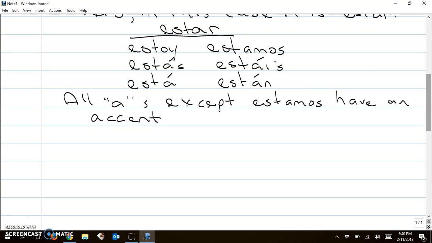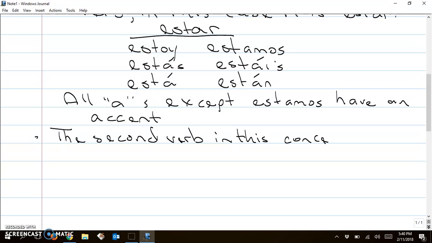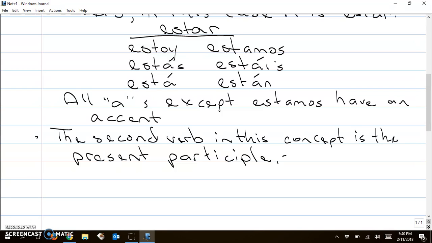So now that we have our helping verb, the second verb in this concept is the present participle, or ing form of the verb.